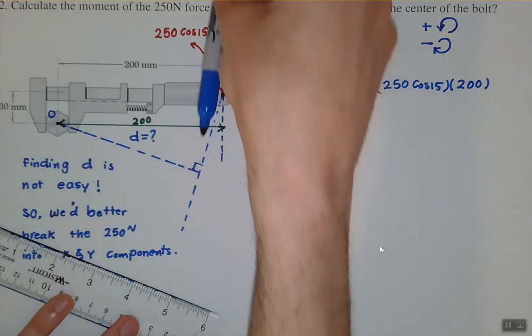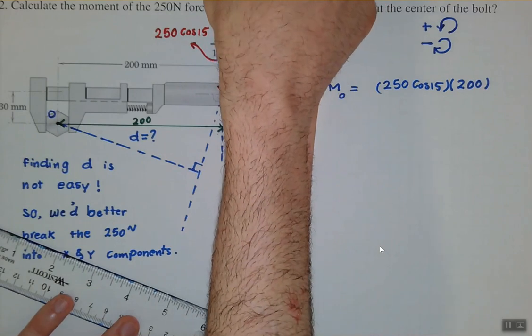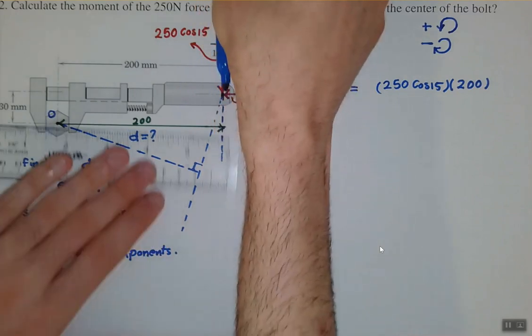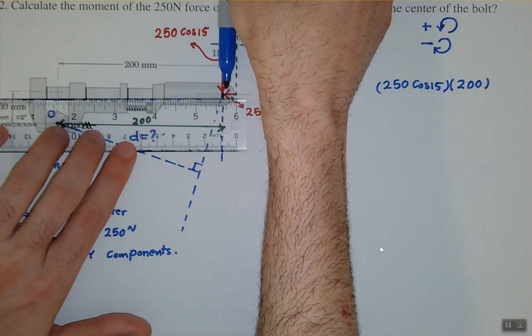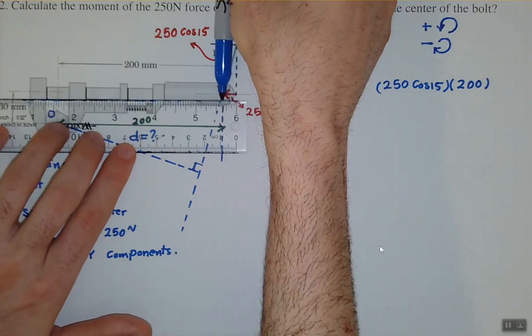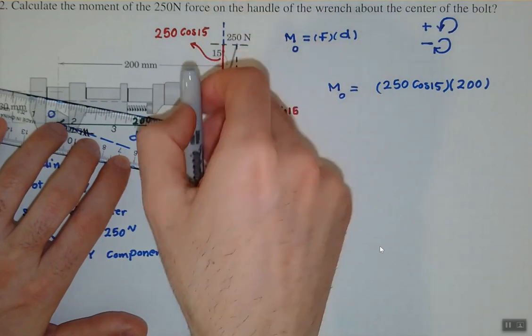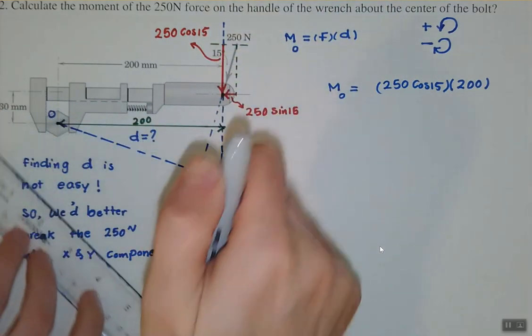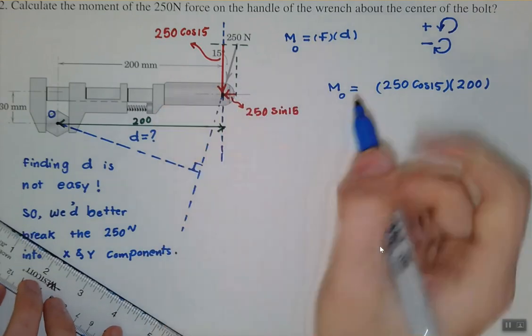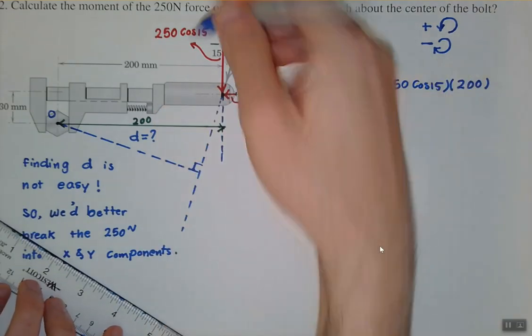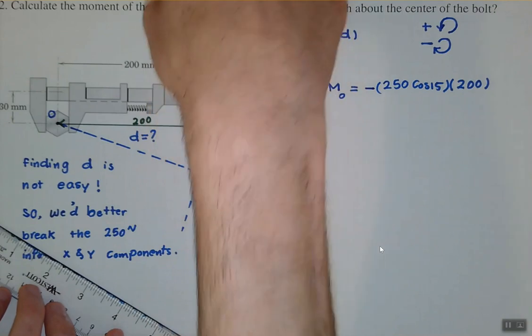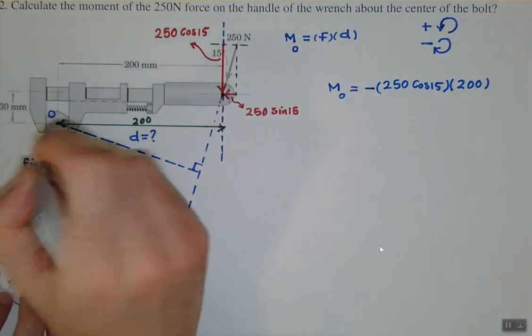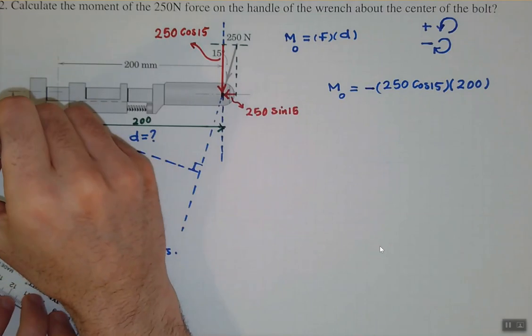It's easy to visualize, right? If we apply this load, and let's imagine this is the wrench, you can notice this load wants to rotate everything clockwise, right? So it is negative then.